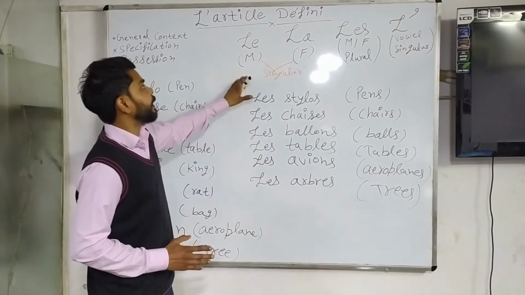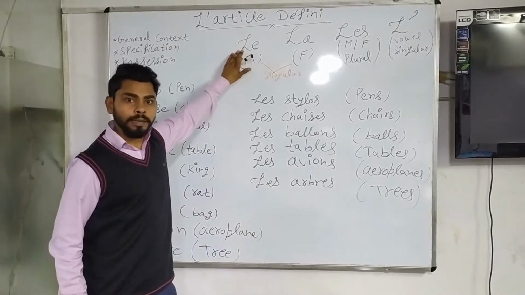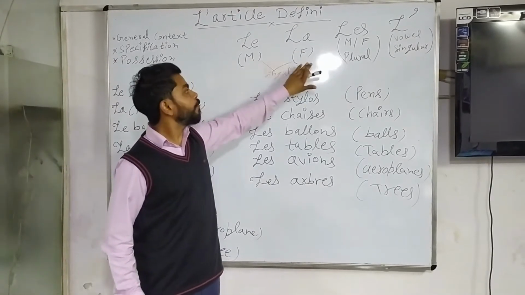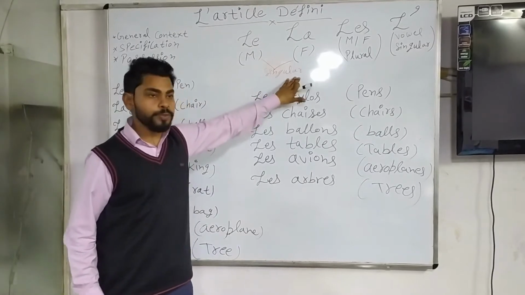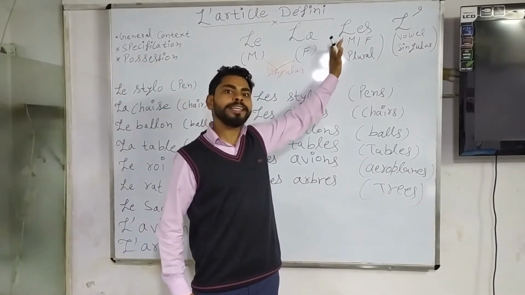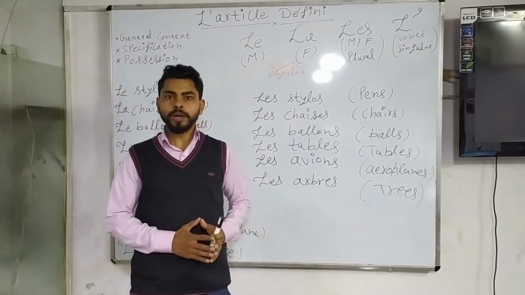So I'll repeat it again so that you have the clear pronunciation. It is le masculine, la feminine. Le and la both are for the singular nouns. Moving forward to les. Les is used for plural nouns, either masculine or feminine.